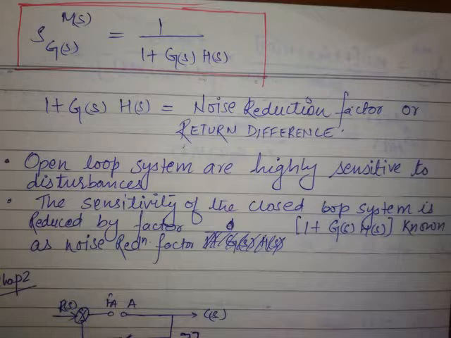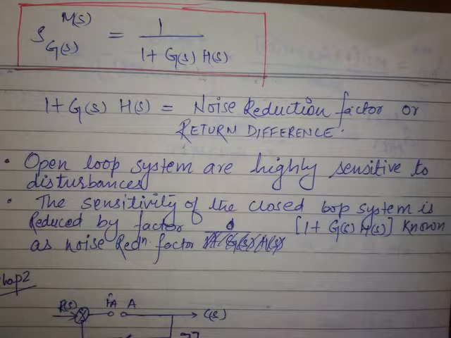In an integral mode, the rate of change of controller output is proportional to error. It is Ki into E. This Ki we call the integral scaling. The actual controller output is obtained by integrating this equation.